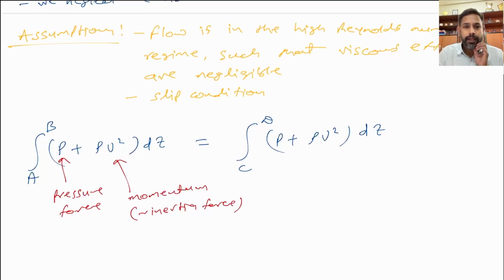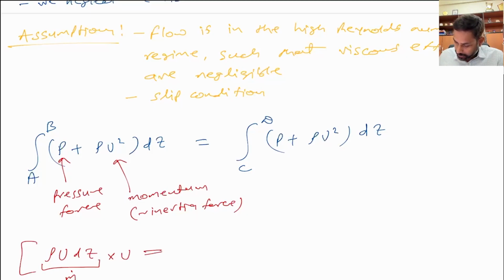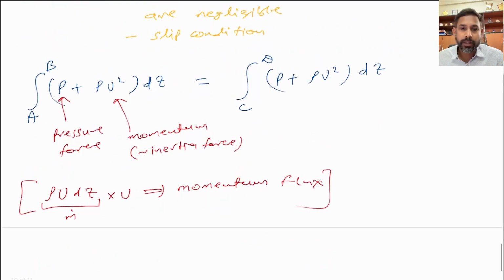Okay, and why do we use rho u square? Because rho u dz is actually equal to mass flux. Okay, and if you multiply that with velocity, that gives you momentum flux, right? So you are multiplying m dot with velocity to get your momentum flux.